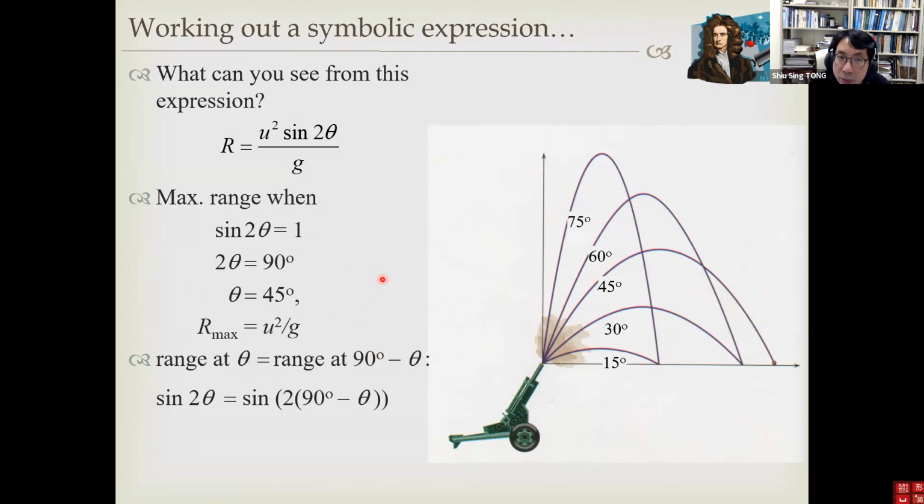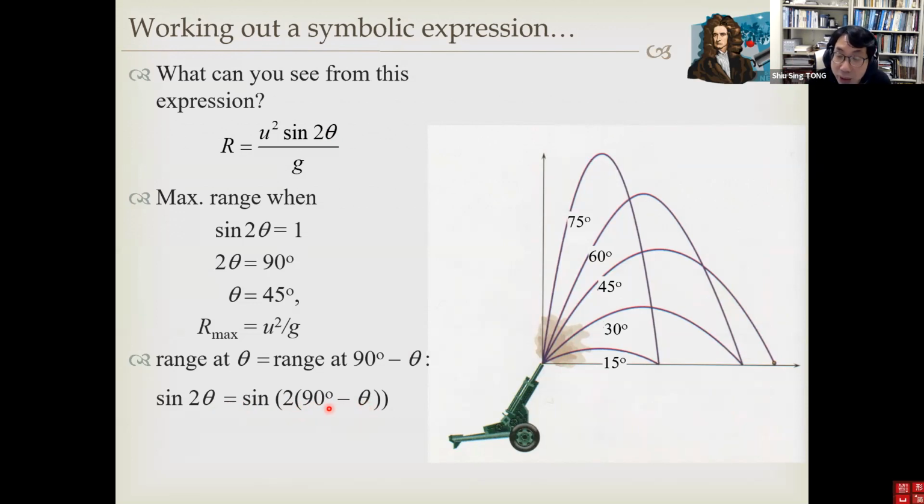If you substitute 90 degrees minus theta into this equation in place of theta, you will see sine 2 times (90 degrees minus theta) is actually sine 2 theta. Why? Because 2 times (90 degrees minus theta) is 180 degrees minus 2 theta, right? 90 to 180 degrees is the second quadrant.